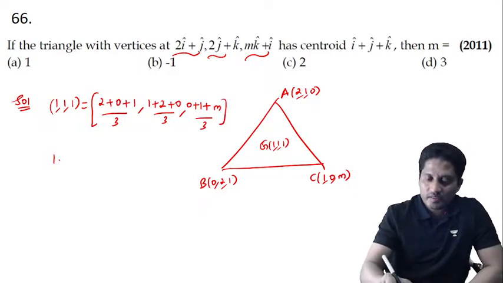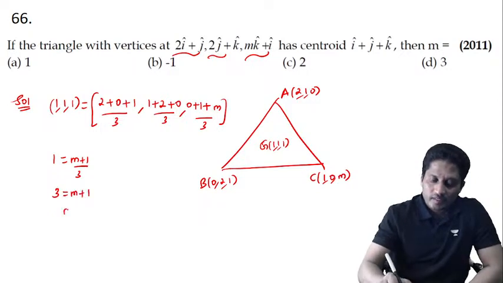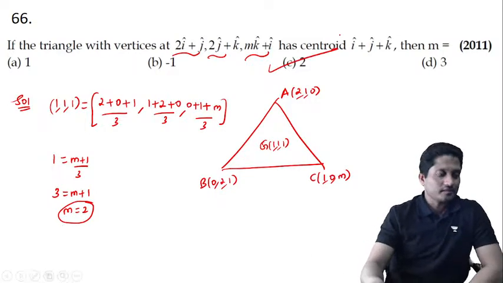Now if I equate the z coordinate, 1 is equal to (m plus 1) by 3. Cross multiply, 3 is equal to m plus 1, m is equal to 2. Right, answer is option C.